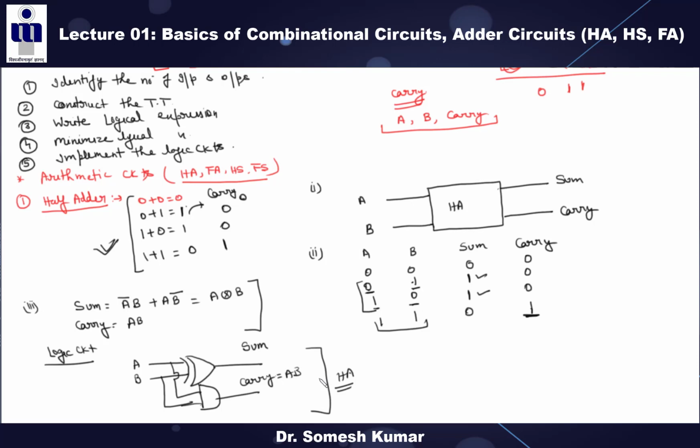Clear? So the questions that can be asked on the half adder: what is the logical expression for the sum, what is the logical expression for the carry, how many minimum number of NAND gates are required to implement the half adder, minimum number of NOR gates required, minimum number of MUX required to implement it.